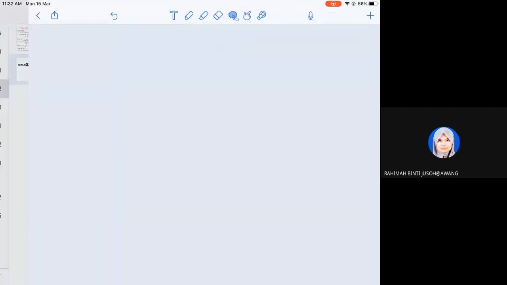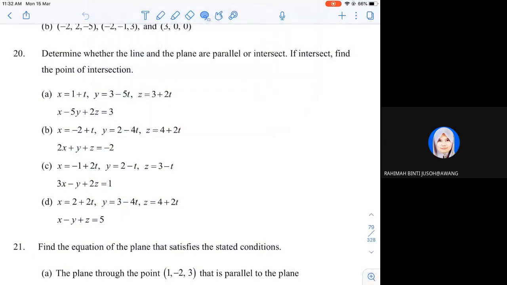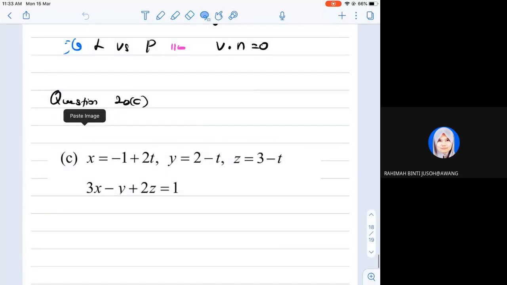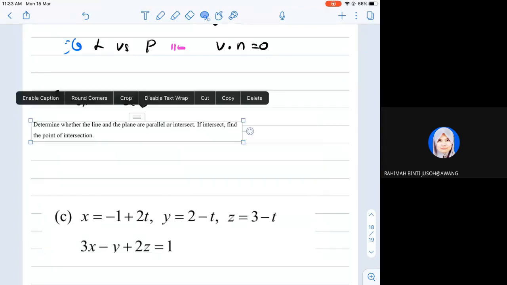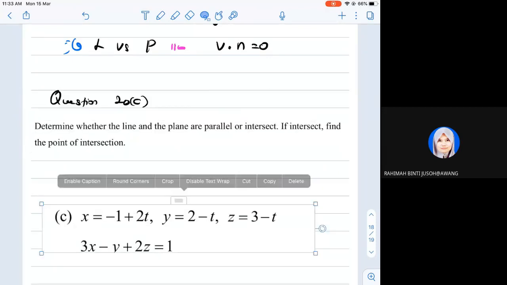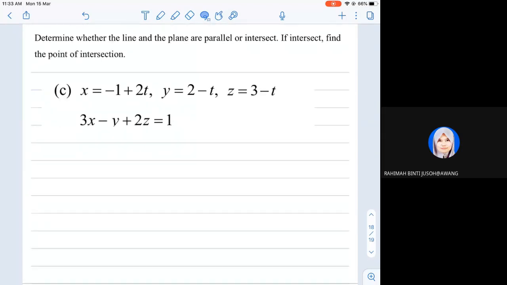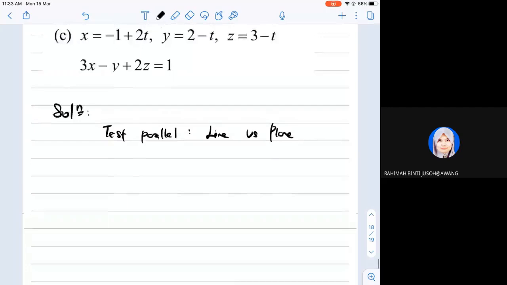Nah, soalannya ialah determine whether the line and plane are parallel or intersect. Okay, so solution. Test parallel, line versus plane. Okay, test parallel line versus plane sekarang ni.